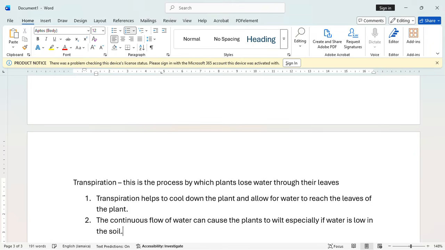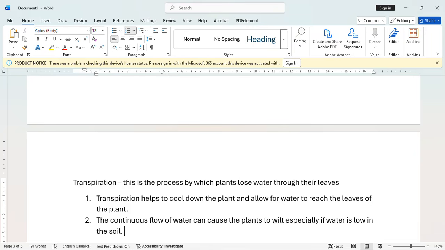Especially if there is low water within the soil. So there's going to be a problem for the plant, because the water would be leaving, because transpiration is continuous.